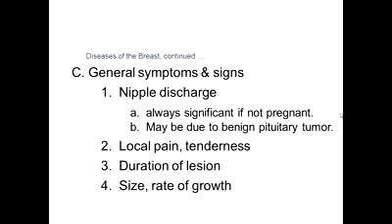So general symptoms and signs of breast diseases: nipple discharge is always significant if the patient is not lactating or pregnant. It may be due to a benign pituitary tumor or benign diseases like lactocele, mastitis, sometimes periductal mastitis, nipple retraction, there may be greenish discharge.